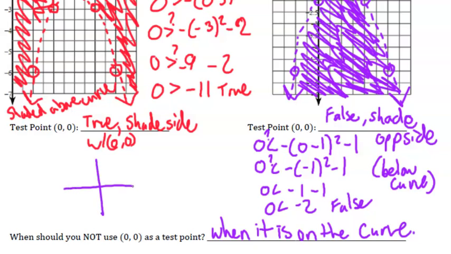So for example, if you had a quadratic that looked like this, (0, 0) is on the curve. You can't use (0, 0) as a test point when this happens.